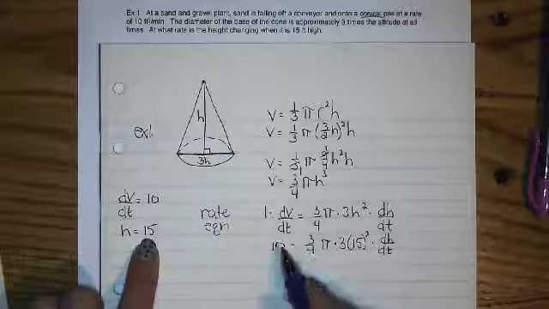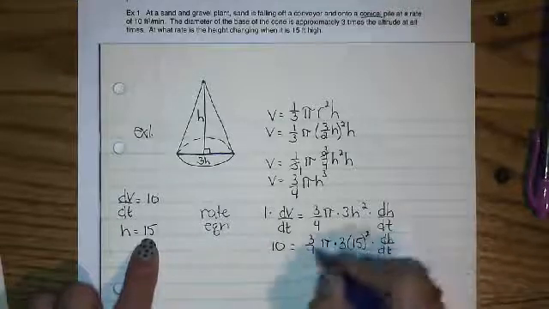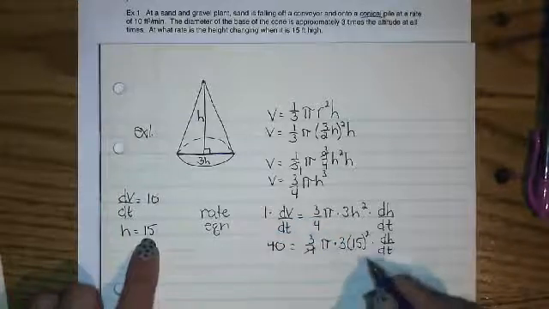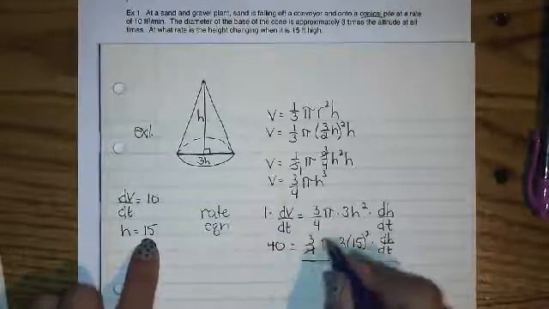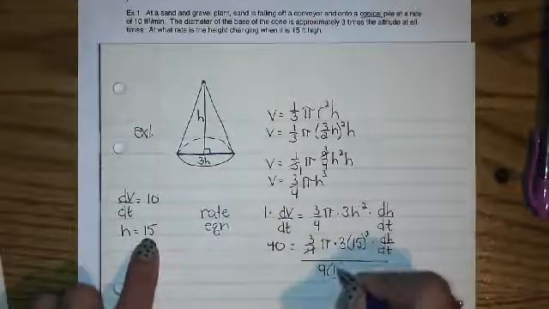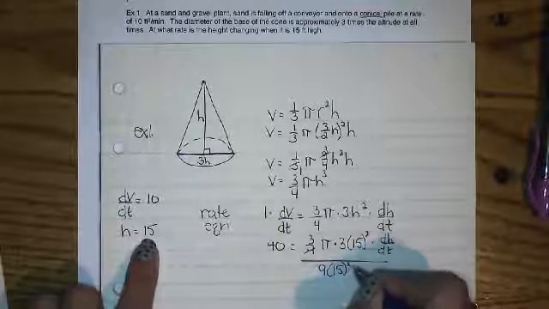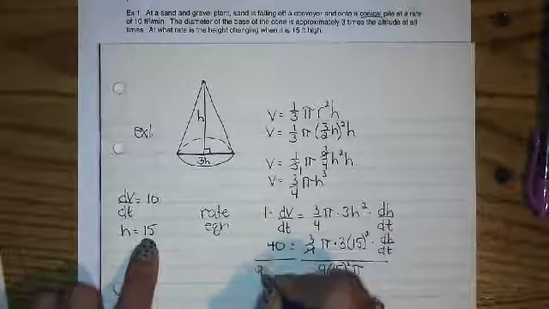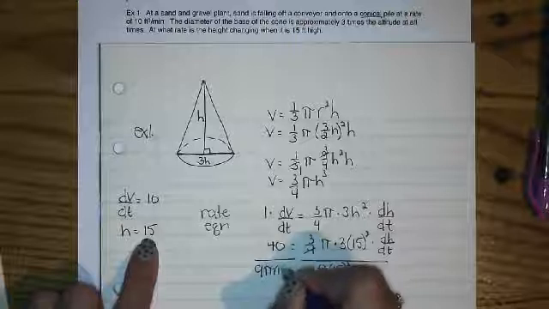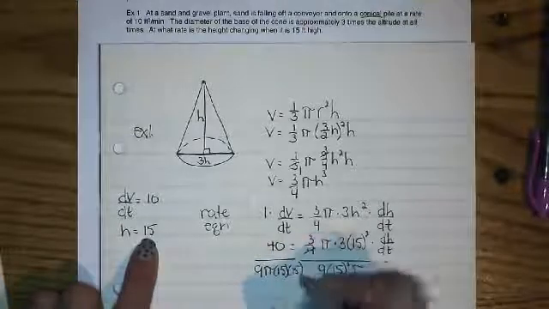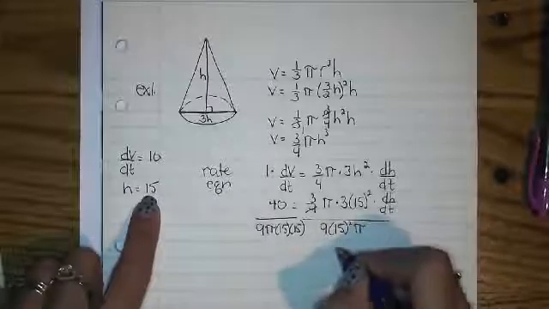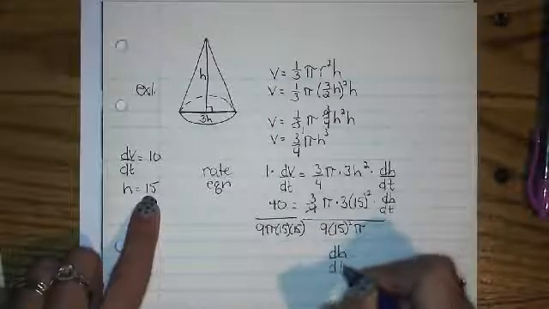Okay, with no calculator, I'm just going to multiply by 4 to get rid of my fraction. So if I multiply by 4, that's going to give me 40. And then I can divide by 9 times 15 squared times pi. Divide by 9 pi times 15 times 15. If I break it all apart, I don't have a calculator here, so that will leave me with dh dt.